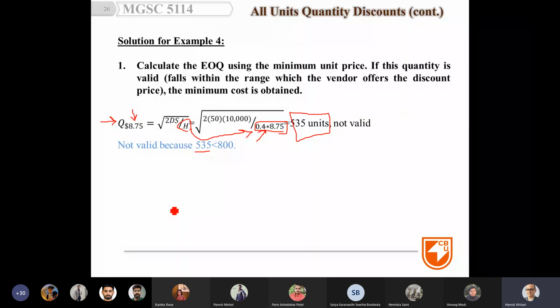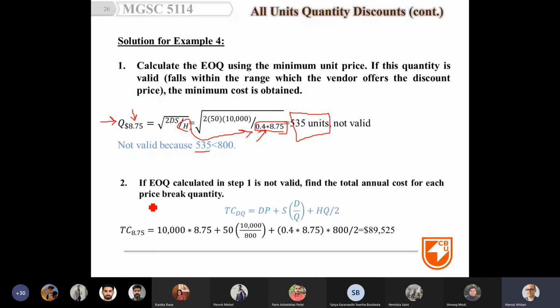It wasn't valid, so I should move to the second step. In the second step, I need to calculate total cost. Be careful here, many people make mistakes. When we are calculating total cost for discount models, we don't have only two components. We have component number one, which we had before. We have component number two, the holding cost, which we had before.